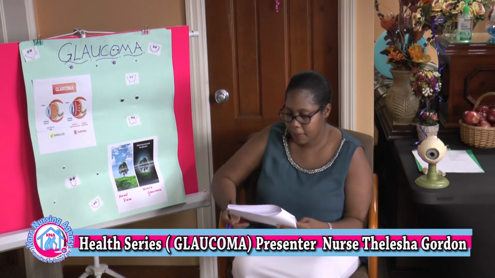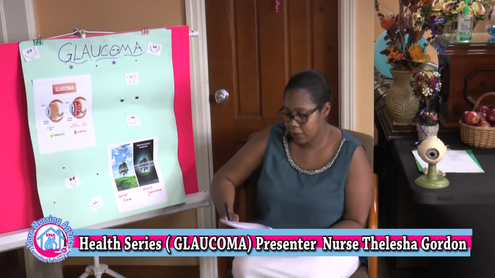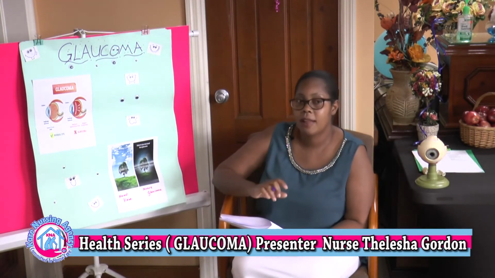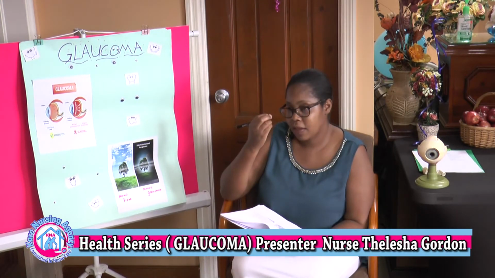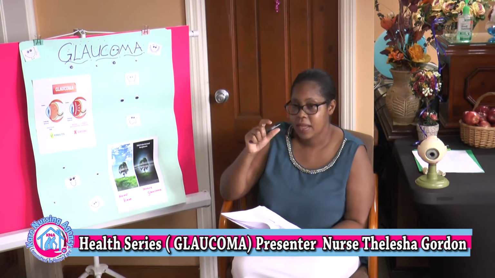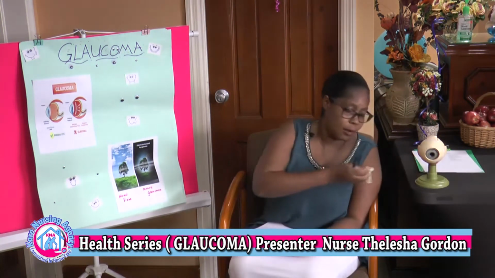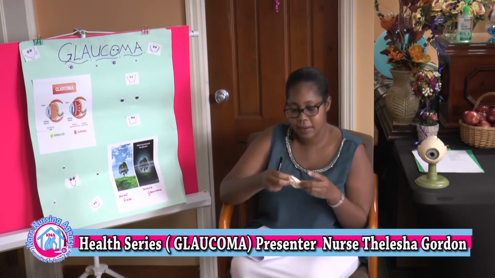So that is the pachymetry. It measures the thickness of your cornea. Because if your cornea is thin, it might give you a false positive. Because when you press on the cornea, if it's thin, now if I may use the example of the balloon, you may have a thin balloon and you put air in it.